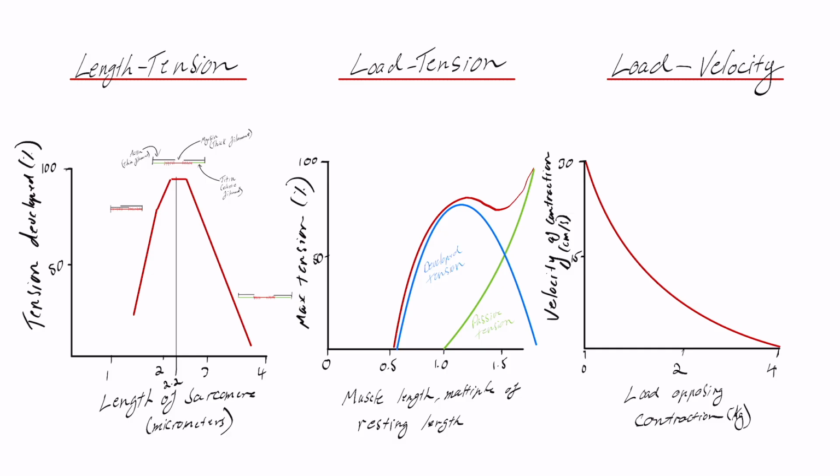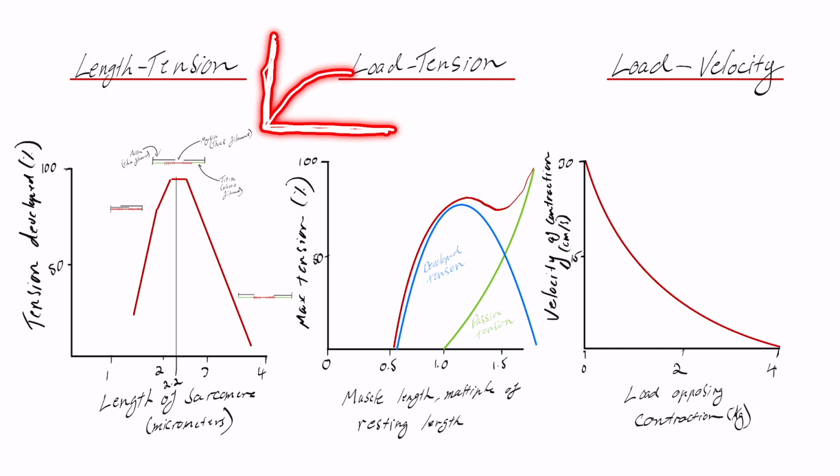Now, there's many other applications, but one of the more relevant ones to mention that may come up in exams is the optimal tension relationship here for length tension. And that's because in the Starling law of the heart, you would have your preload on the x-axis and your contractility on the y-axis.